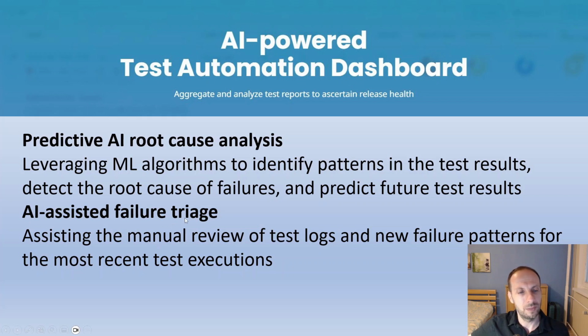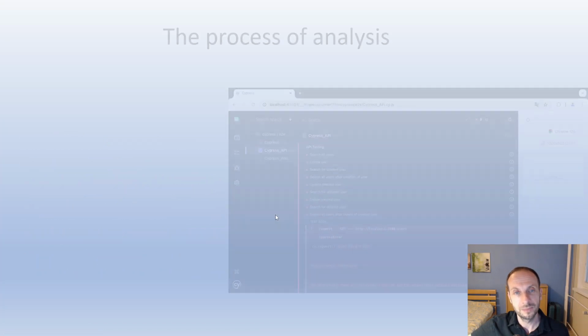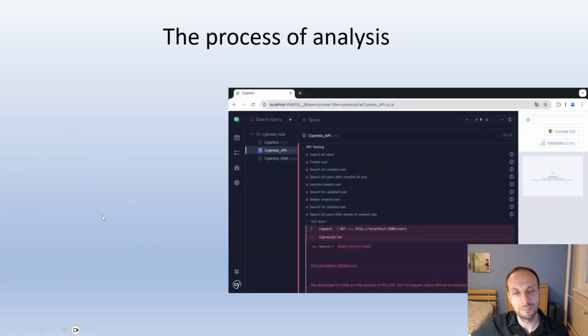And also it has AI assisted failure triage, and it's assisting manual review of test logs and patterns for test executions. So this AI is helping us with analysis of automation test results. And let's look first at the high level process of analysis using this tool, and then we will go into details.